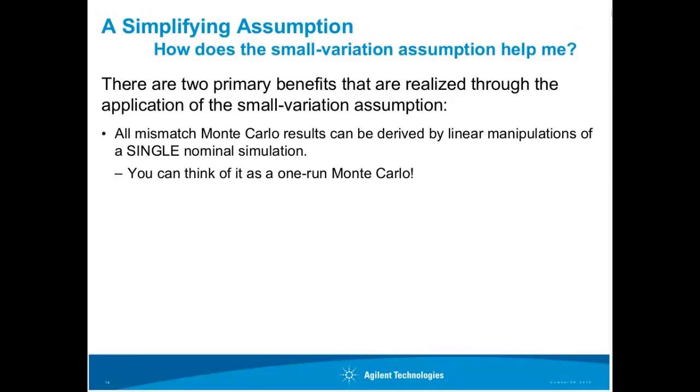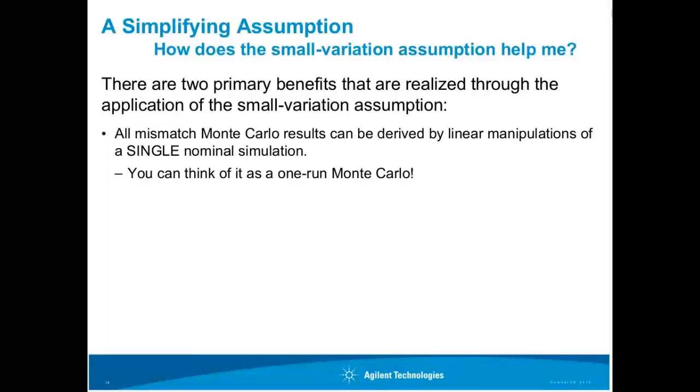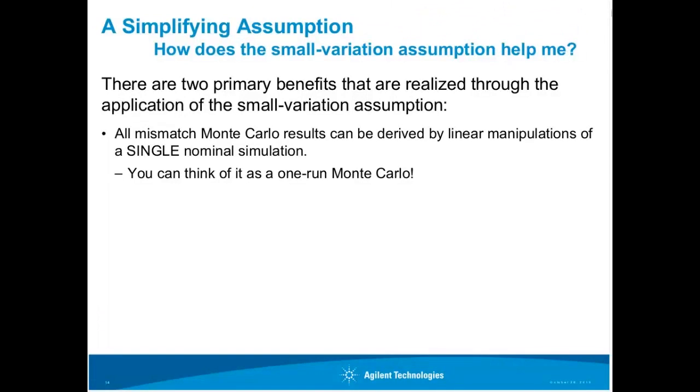So for instance, if you need 1,000 runs in your Monte Carlo, you can do one nominal simulation and then make linear manipulations on that result, and you can find all 1,000 Monte Carlo results, so all 1,000 trials. We like to think of it as a one-run Monte Carlo. It sort of feels like you're cheating, I guess.